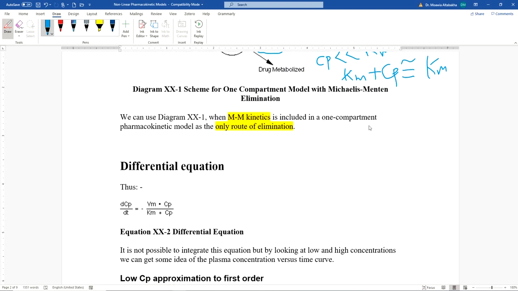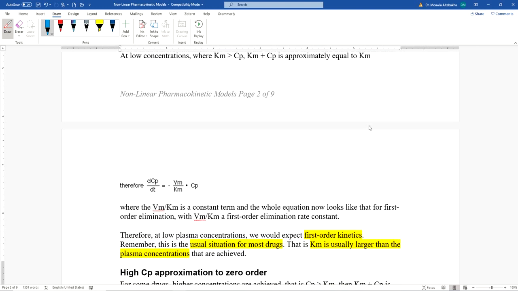That's what we will have: Vm divided by Km multiplied by Cp. We know that Vm and Km are constants, so the result of the numerator divided by the denominator will be constant. This can be considered as KEL.